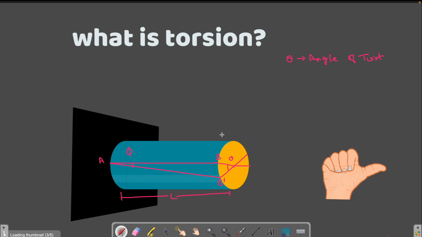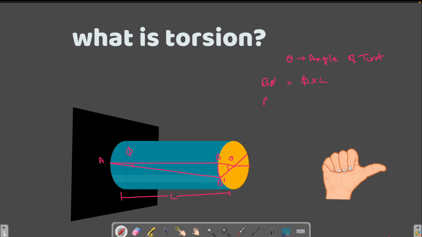Again, let's focus over here. This angle phi is the shear strain, and also we know that BB dash, which is this arc, is equal to phi into L. Am I right?